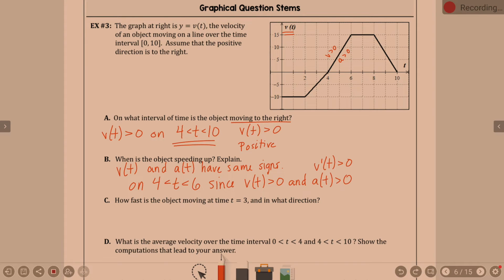How fast is the object moving at time t equal 3 and in what direction? How fast? What am I asking for? Speed. And how do we do speed? Absolute value of velocity. So we're looking at the absolute value of the velocity of 3.